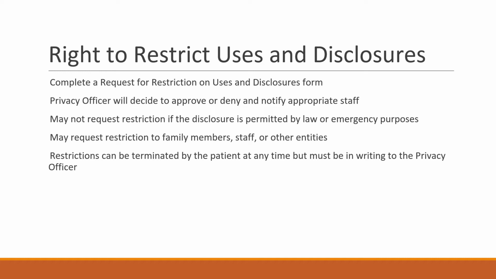At the bottom of our right to request restriction form, there is a spot where the patient can sign and date to terminate the restriction. Now, if you have an electronic record, your forms may be a little different. You may have two forms, but regardless, we require them not only to sign the bottom of that form, but also to fill out a release of information allowing information to be disclosed to the individual they had the restriction on.